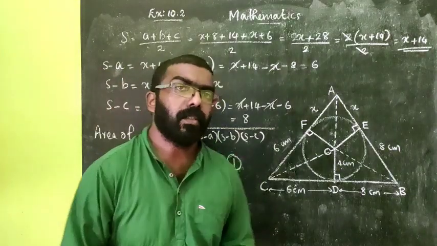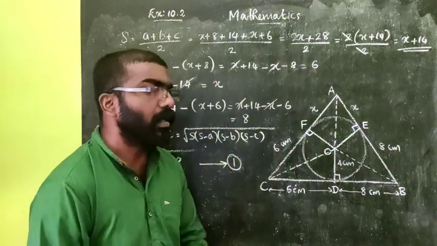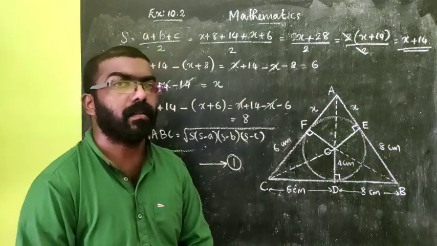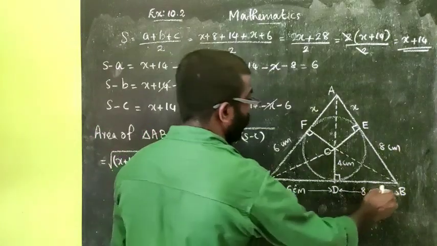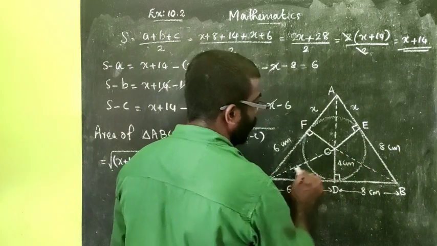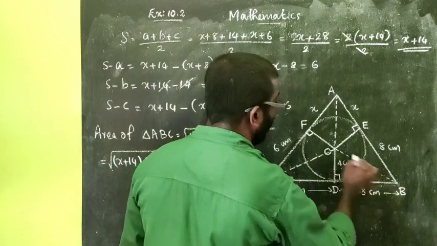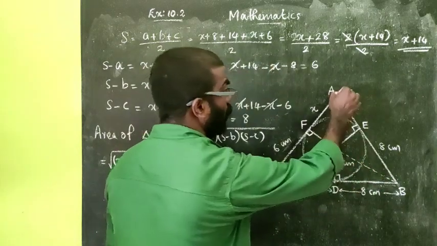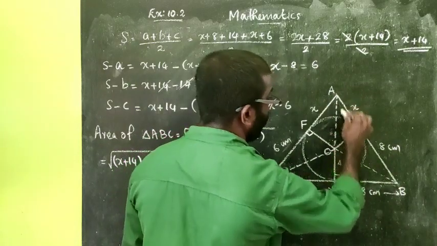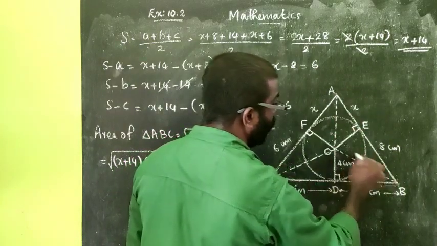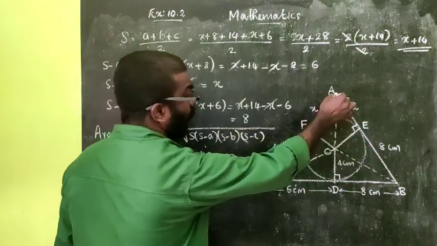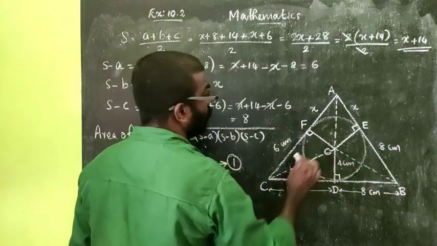Clear? Now we can consider this whole triangle ABC as 3 triangles. Look at the figure. First one, BOC, this triangle. Then AOB, this one. And AOC, this one.